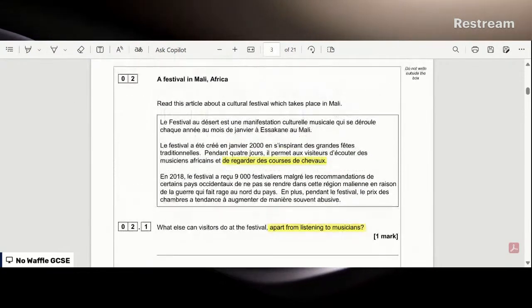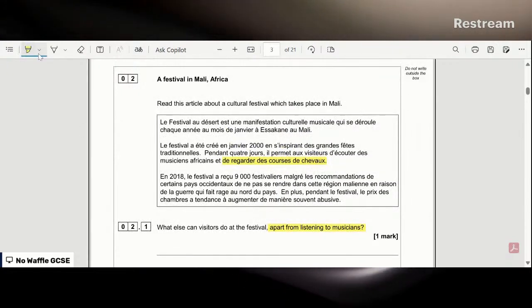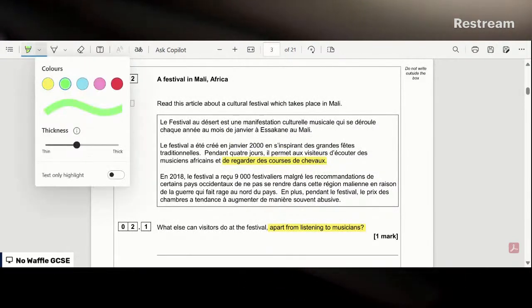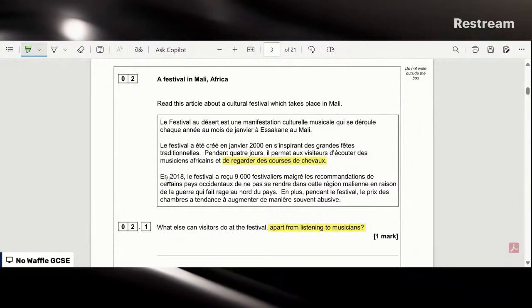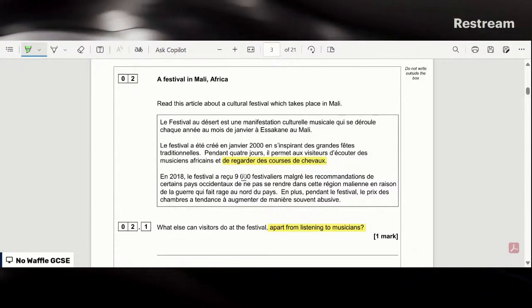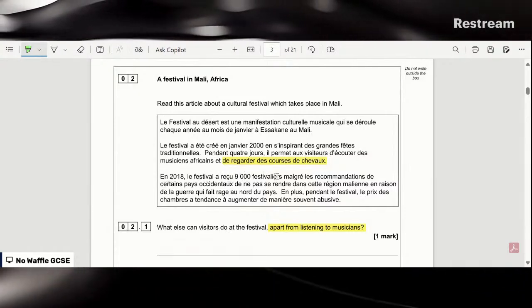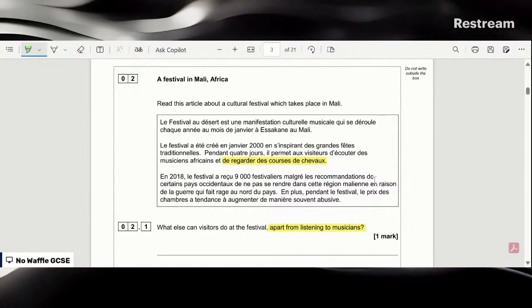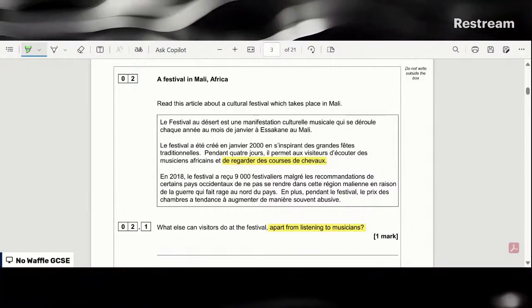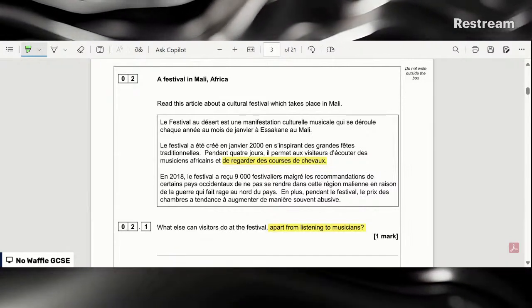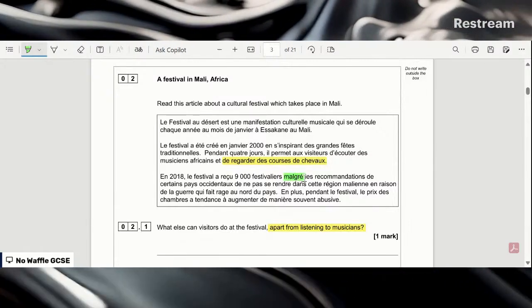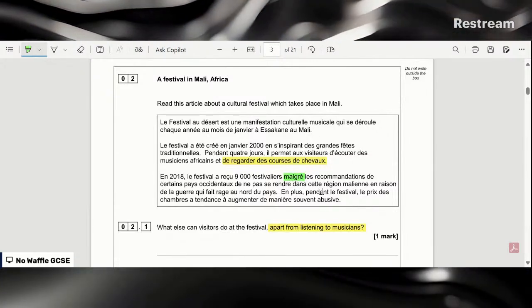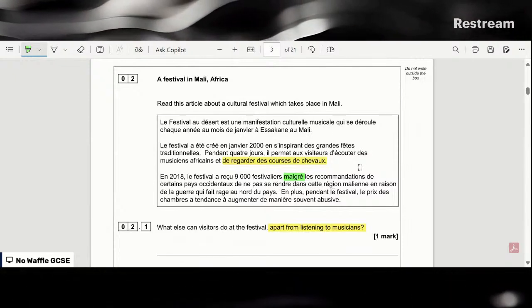Why do some countries recommend not visiting this area of Mali? So let's look out for that now. Talking about in 2018, the festival had received 9,000 individuals. But notice how it says despite, malgré. So here, this is a keyword here, malgré, and it often comes up.